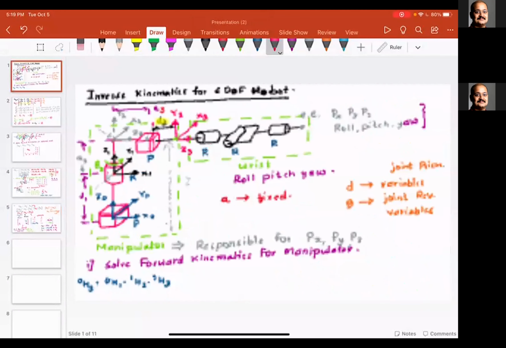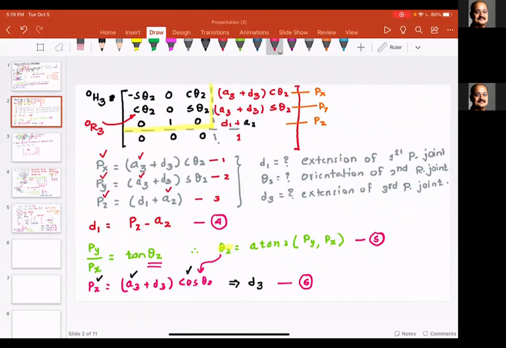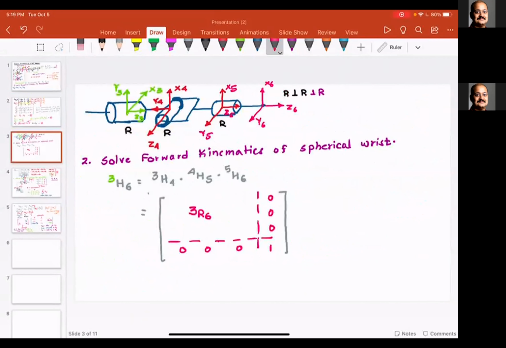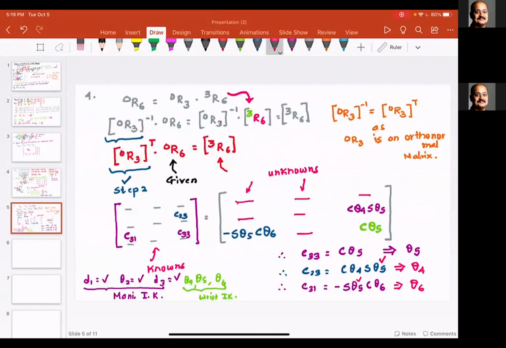So everyone understood the process. First, we solve the forward kinematics. Second, we find the rotation matrix. Then we solve for the wrist kinematics, then the inverse kinematics for the wrist. And finally, we do term by term comparison and get the answer.